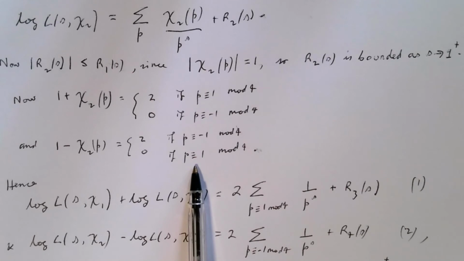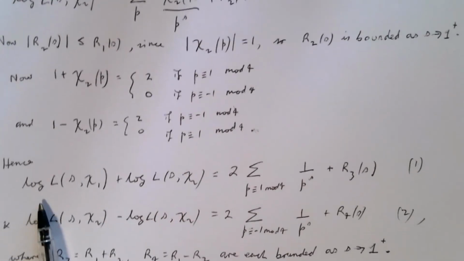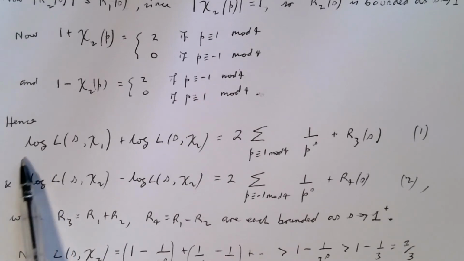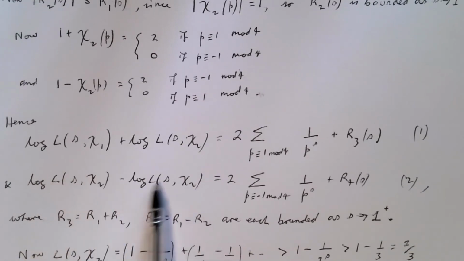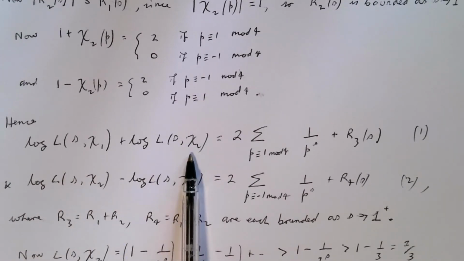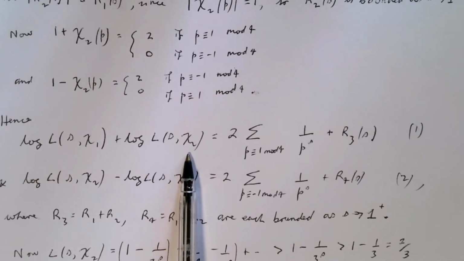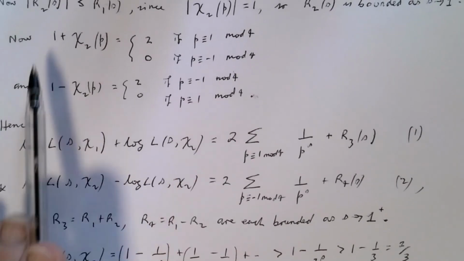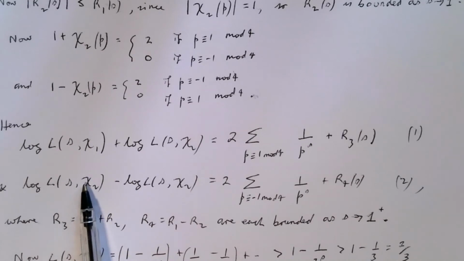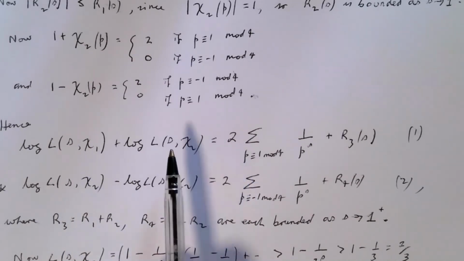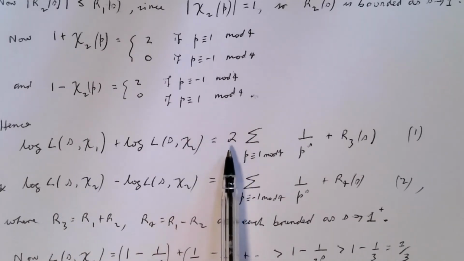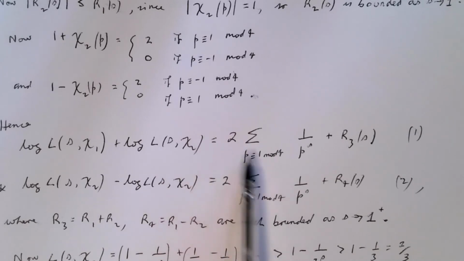Now that's very nice, because that means if I now take the sum of these two logarithms, the log of L of s and chi1 plus the log of L of s and chi2, then because of what we see up here, I'm going to get 0 if I've got a minus 1 mod 4 prime, but I'm going to get 2 if it's a 1 mod 4 prime.